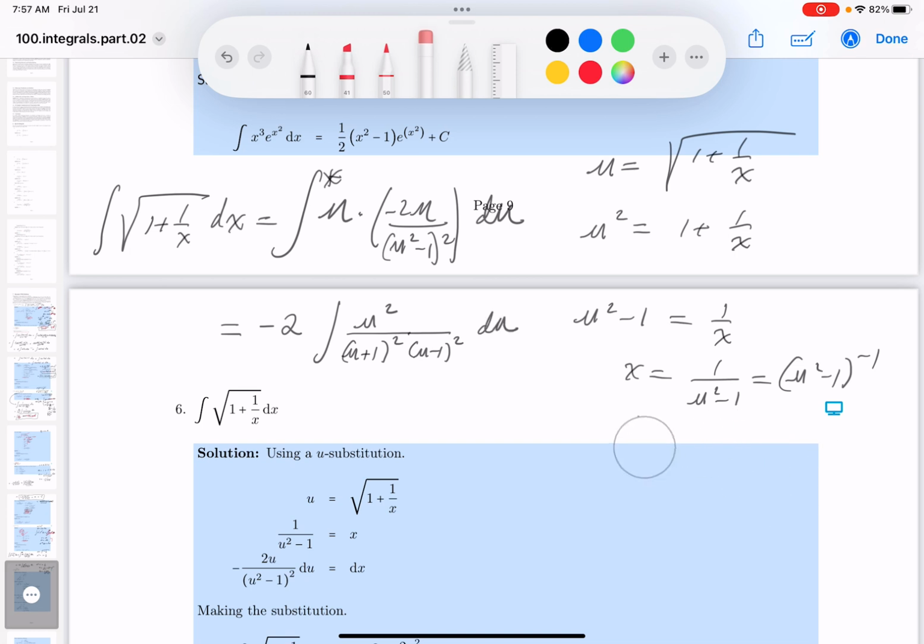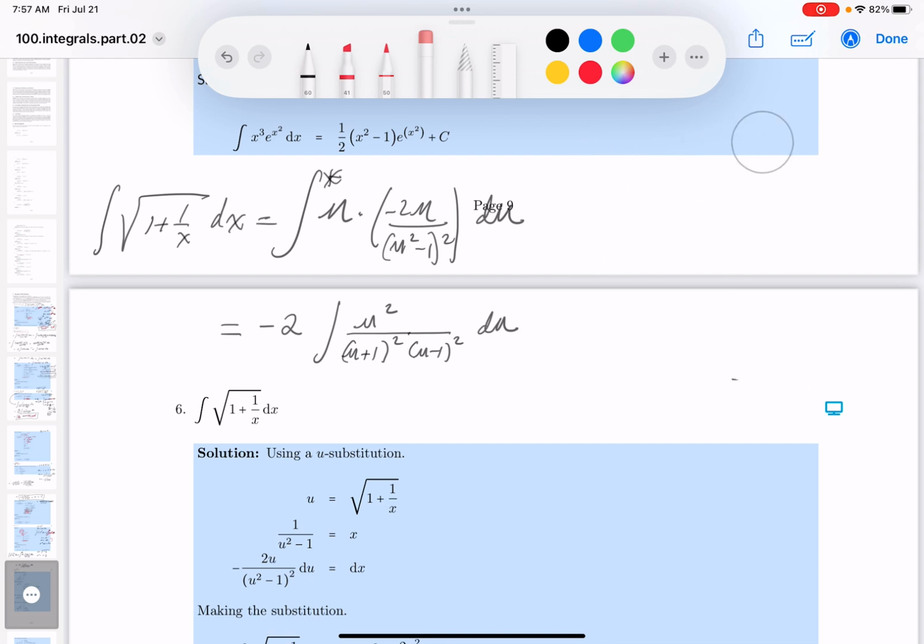I'm going to start to erase this business over here. Let's see. I want to make sure you know I use this over here. And I've got this stuff written down, the stuff that we need. Now looking at it, I'm going to do partial fractions.